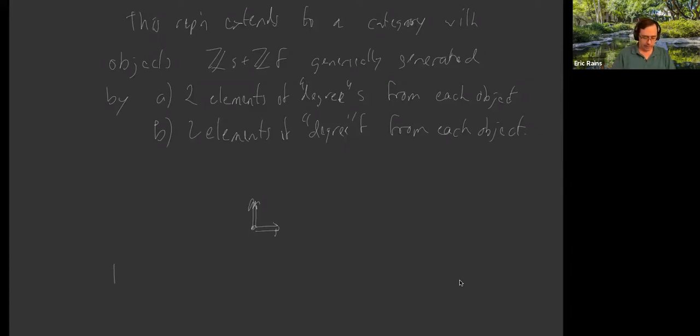And these commute internally and satisfy four relations in each square.